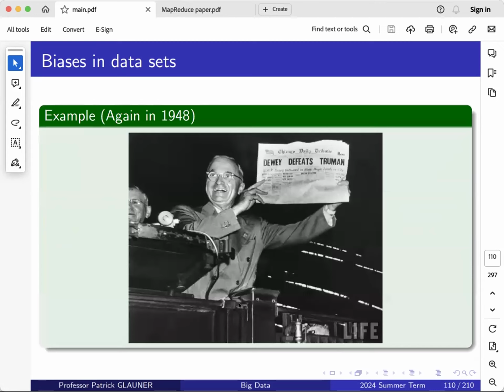This kind of wrong prediction happened more often. For example, in 1948, Truman ran for re-election, and a newspaper here, the Chicago Daily Tribune, predicted that Truman would be defeated, and they already printed the newspaper in the night because they were so sure that Truman would be defeated, but they also did the polling wrong and their prediction was wrong.